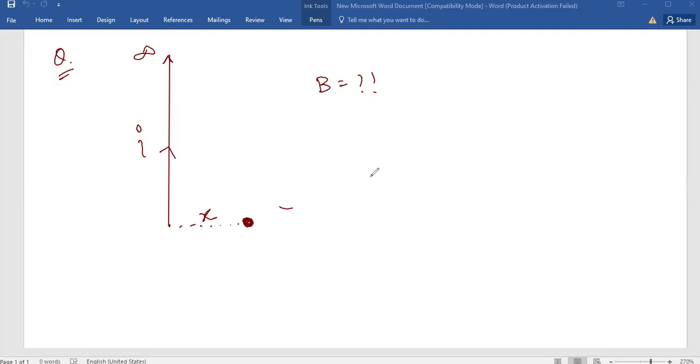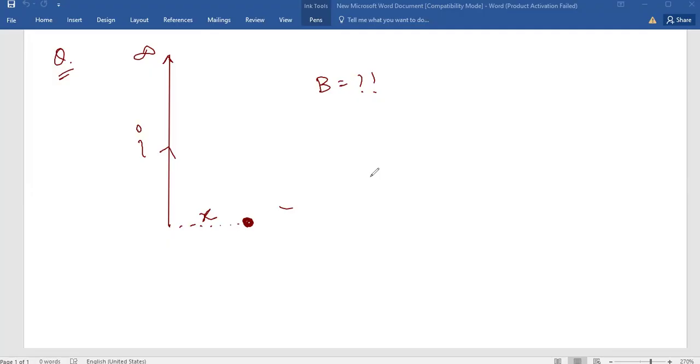So in that case, wouldn't it just be mu naught I by 4 pi x, given that it's only infinitely long about one end, but since it's only a distance x about the other end point, that angle of beta would pretty much come out to zero, no, sir?